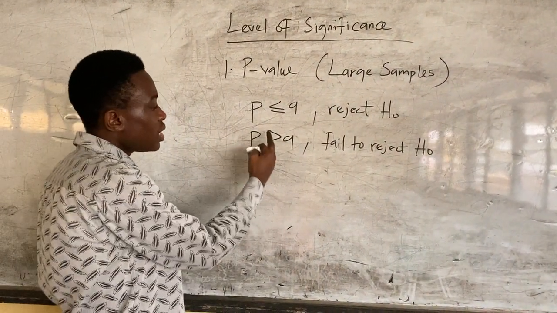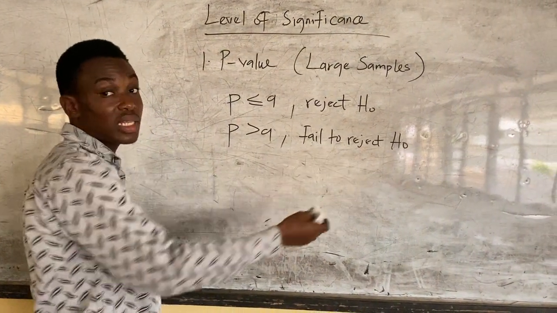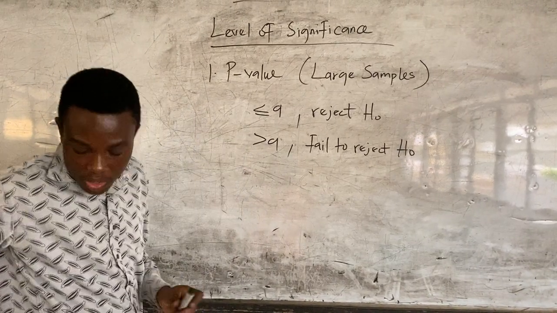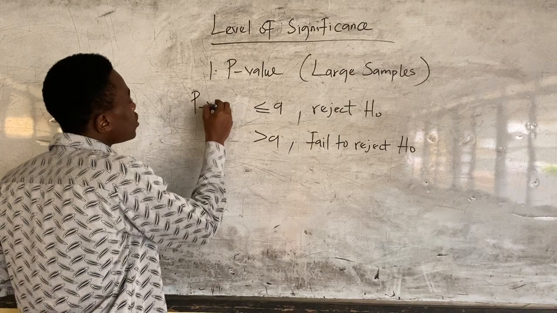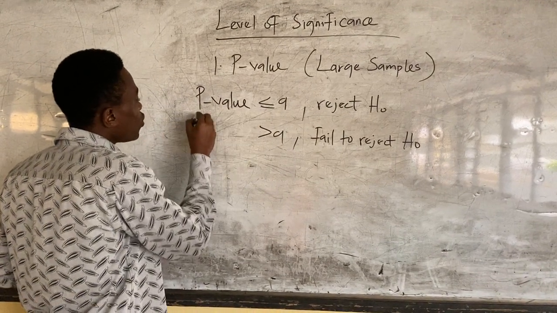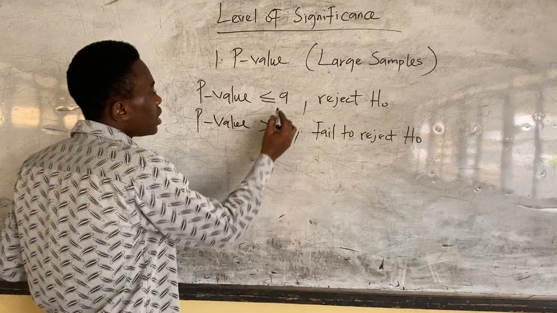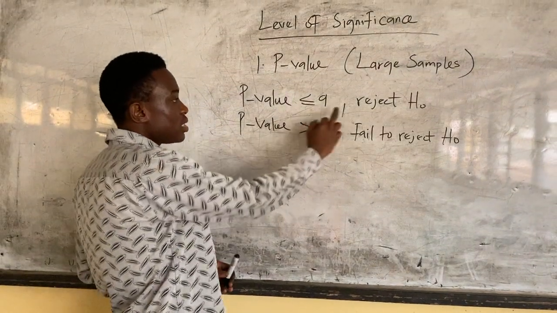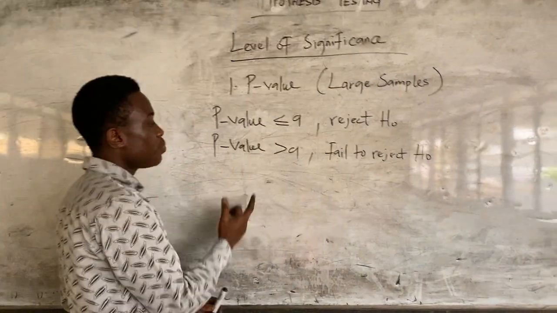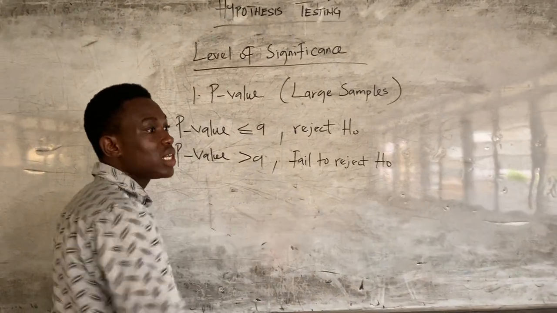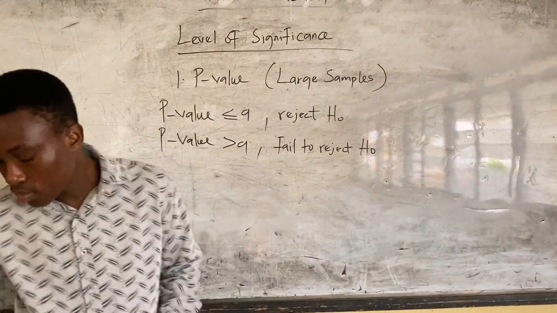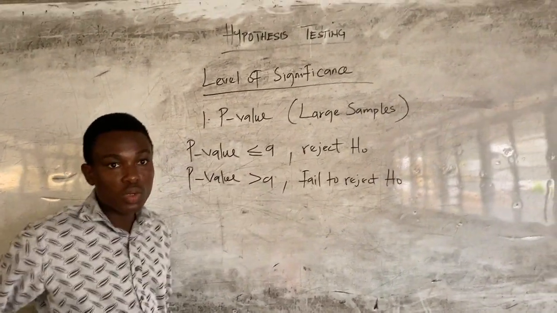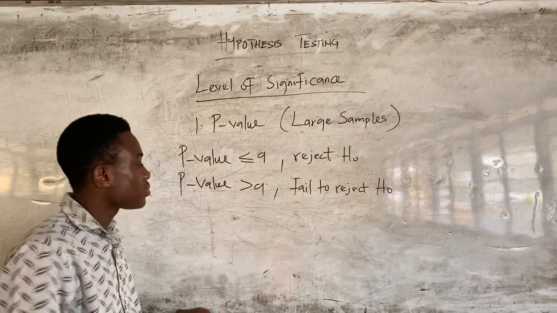And if your p-value is greater than alpha, we fail to reject the null hypothesis. So that's the decision rule. So when you get your question, and you go through all the procedures to find your p-value, and you realize that your p-value is less than or equal to alpha, then you reject the null hypothesis. But if your p-value is greater than alpha, then we fail to reject the null hypothesis. So when you take these two decision rules, then you come and make your final decision.